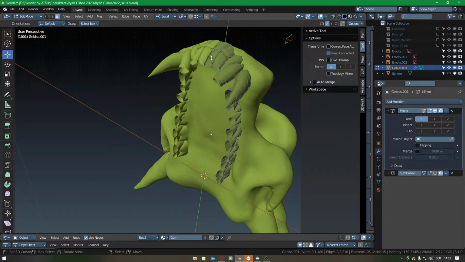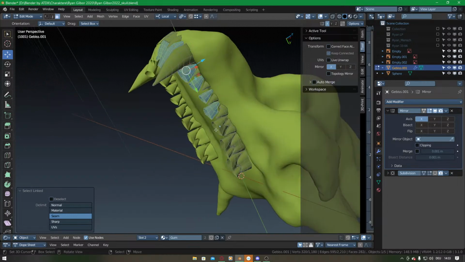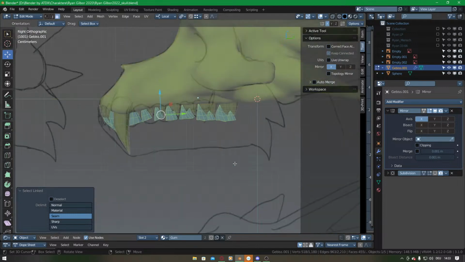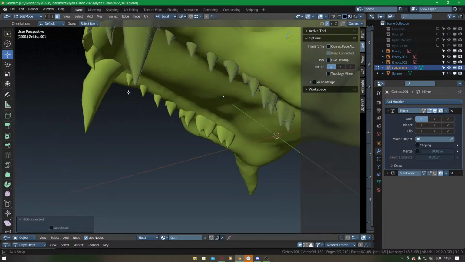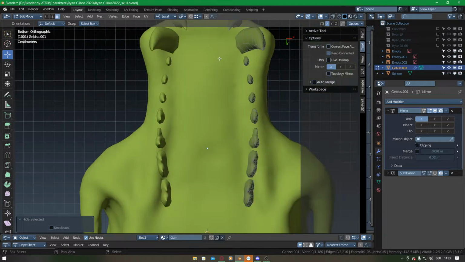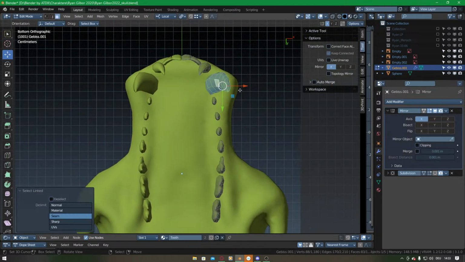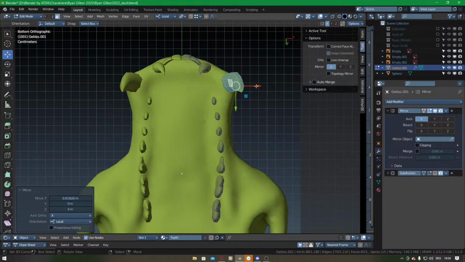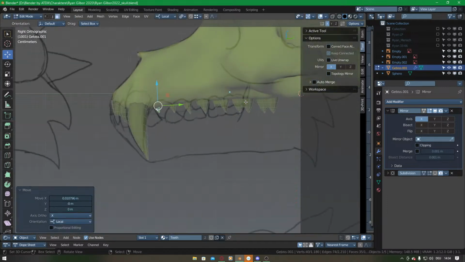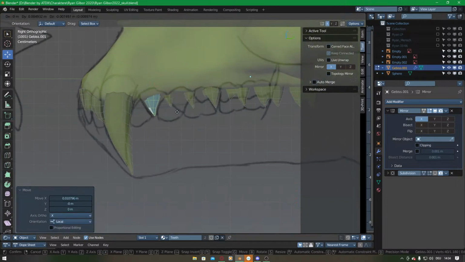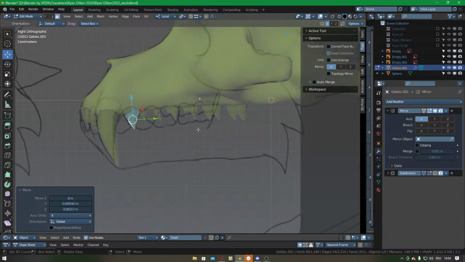Let me think. The lower teeth are not important right now. Just hide them. And let's get those teeth outside and get them a little bit bigger. In the end, they are going to fit.